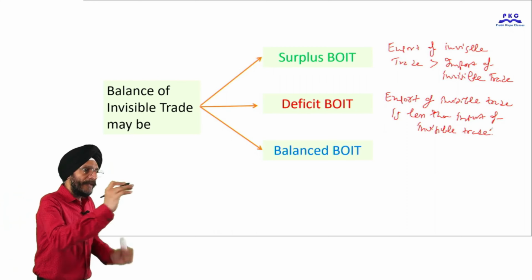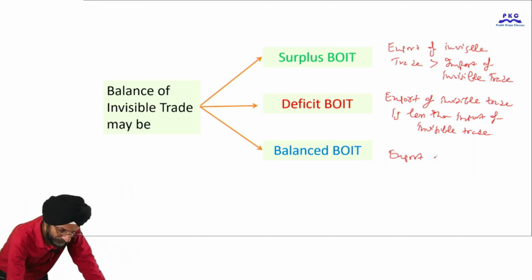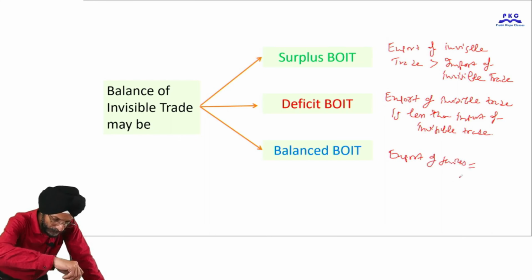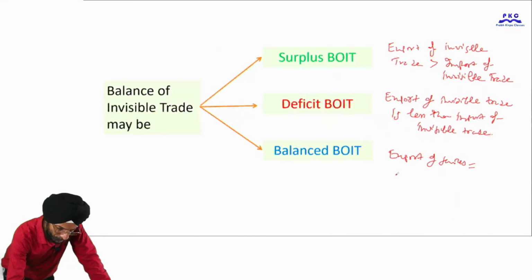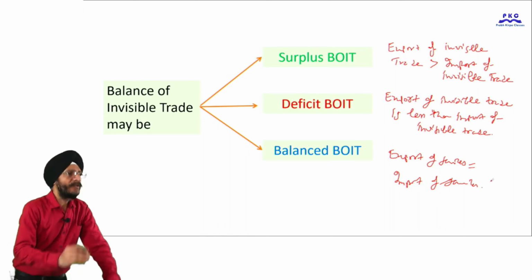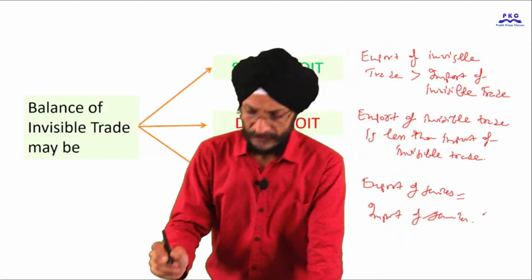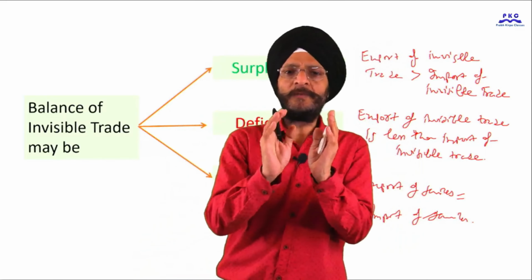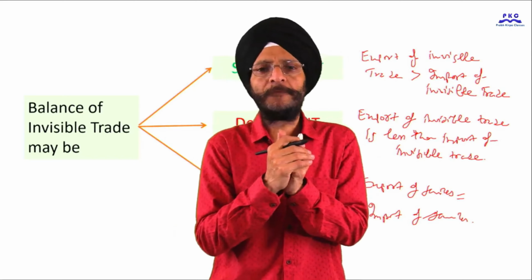Now the balanced BOIT occurs when value of export of services or value of export of invisible items is equal to import of services. When we are talking about balanced BOIT, we will be taking into account that exports are roughly equal to imports.